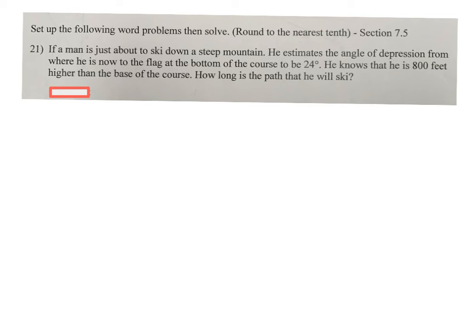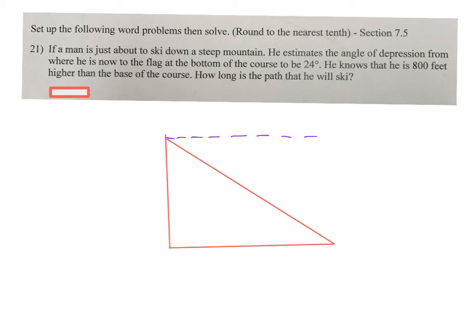So the first thing I'm going to do is sketch this slope that he is skiing down, and I'm going to label what's going on for this particular word problem. And so angle of depression is from his line of sight at the top down. So this angle right here is 24 degrees.